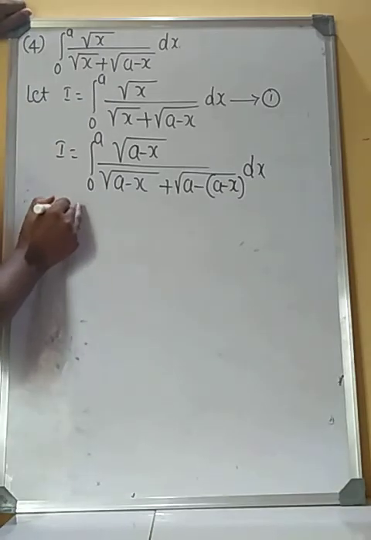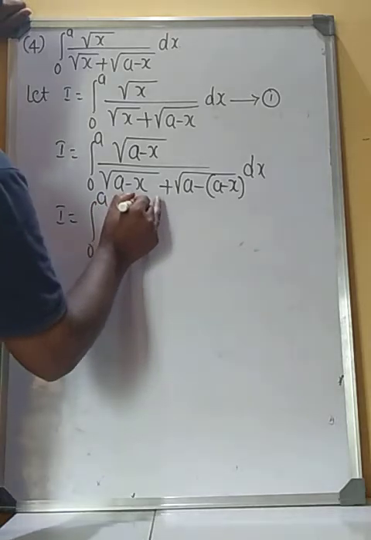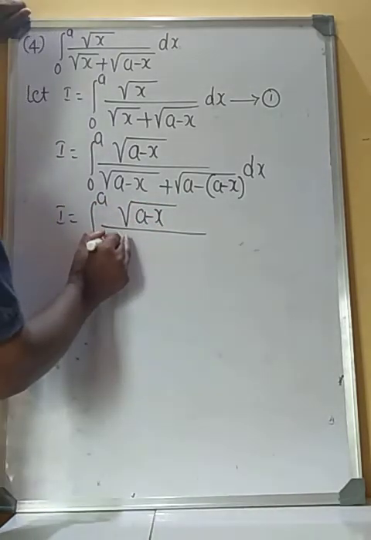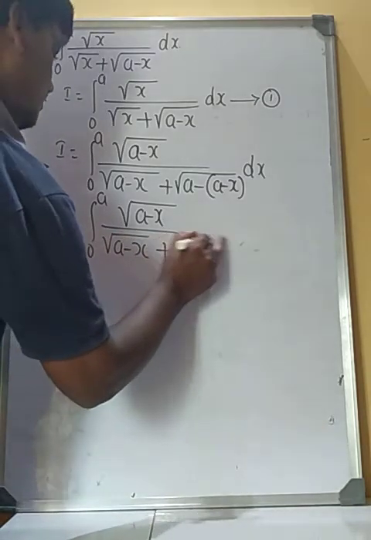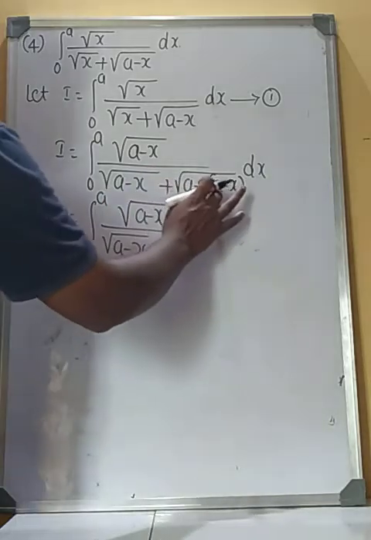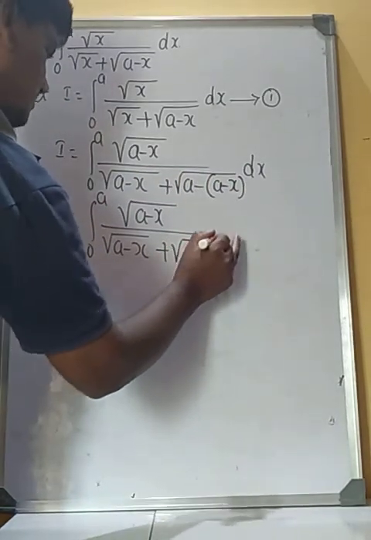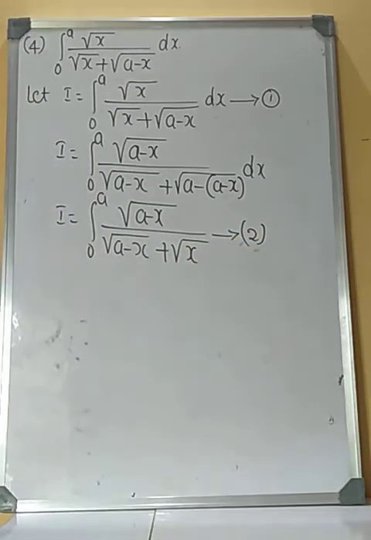So therefore I equals integral 0 to a root of a minus x divided by root of a minus x plus root of a minus a gets cancelled, minus into minus is plus x, called equation number 2.